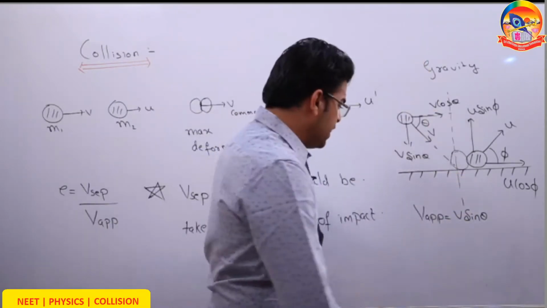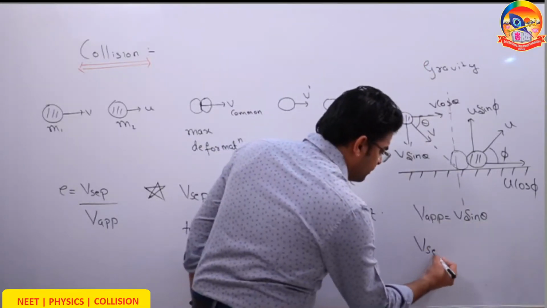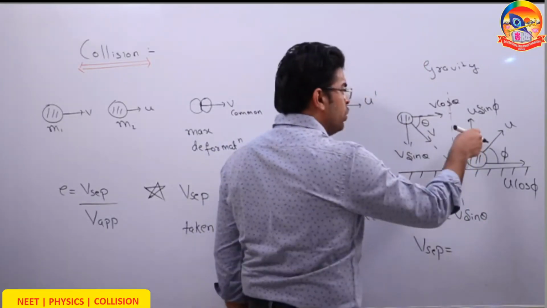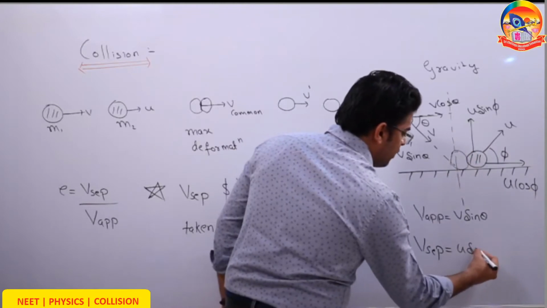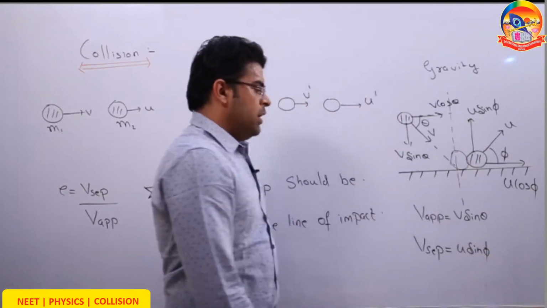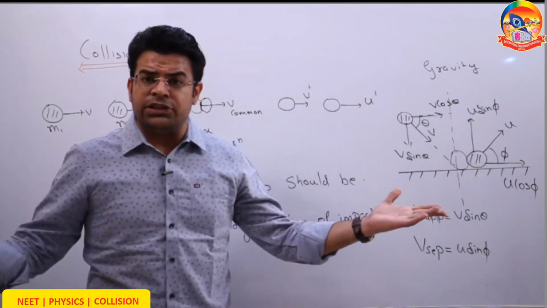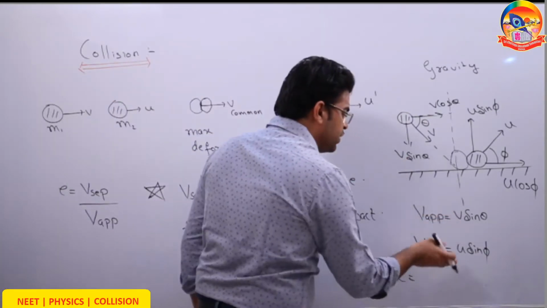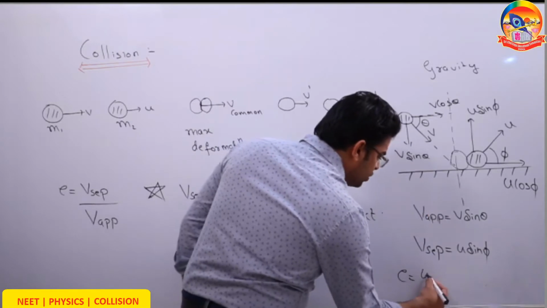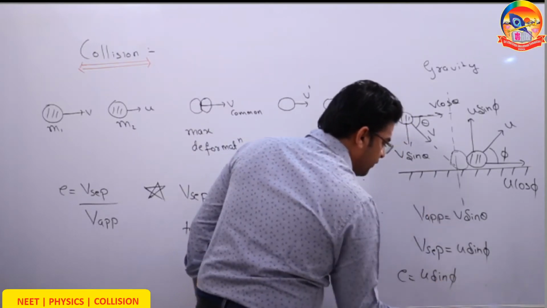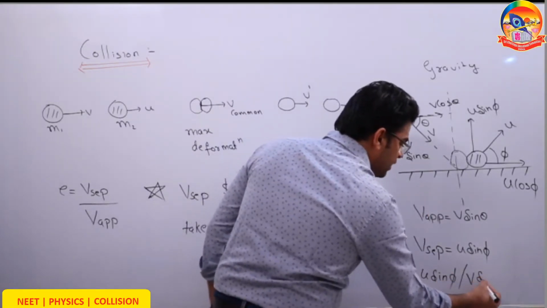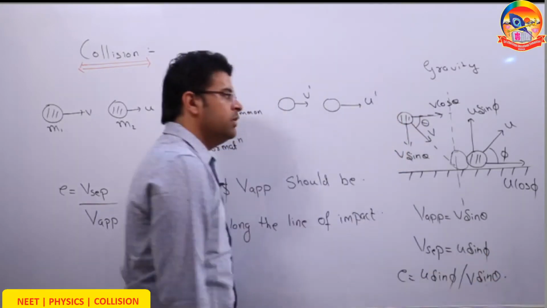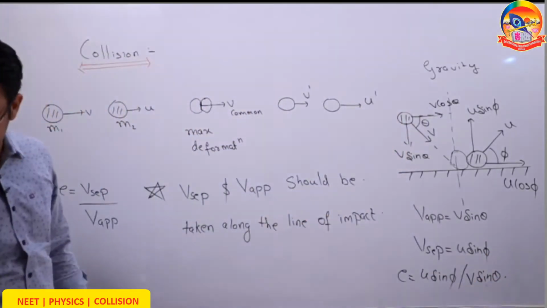So you will say the velocity of separation has to be equal to u sin phi. If somebody asks you what is the coefficient of restitution, how to find it? Coefficient of restitution is equal to velocity of separation upon velocity of approach, that is u sin phi upon v sin theta.